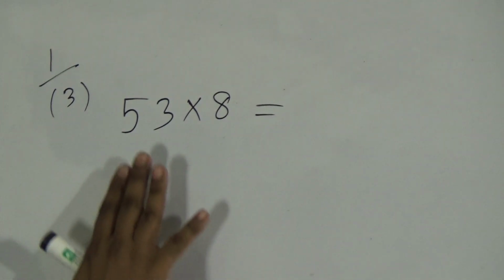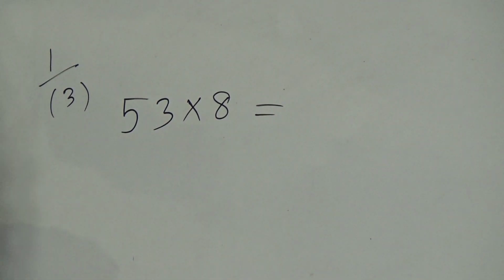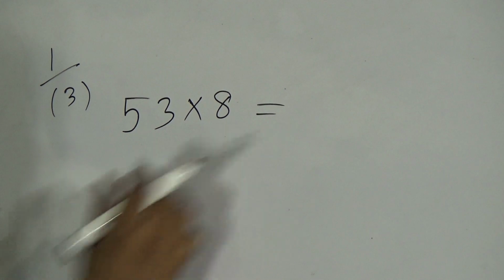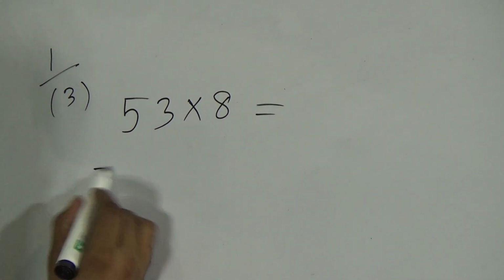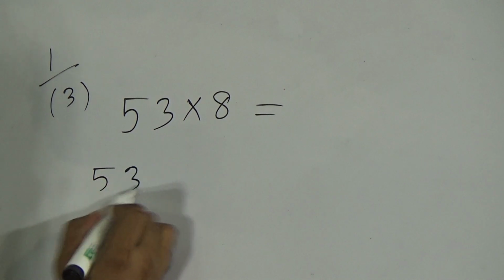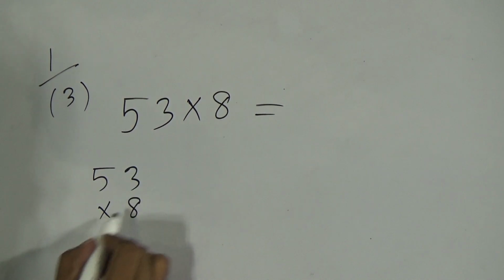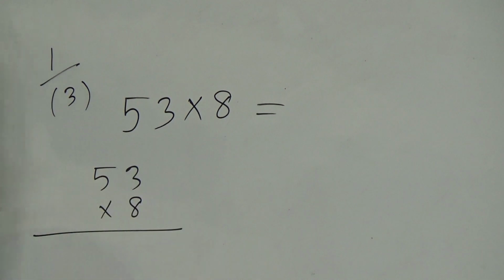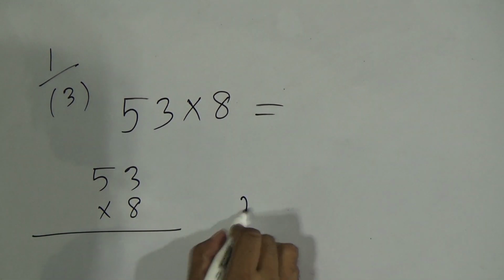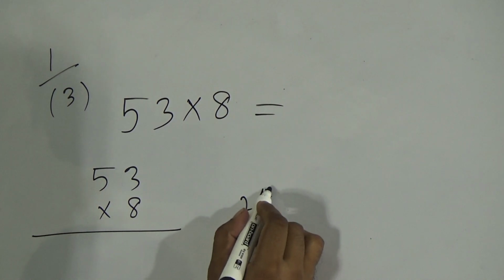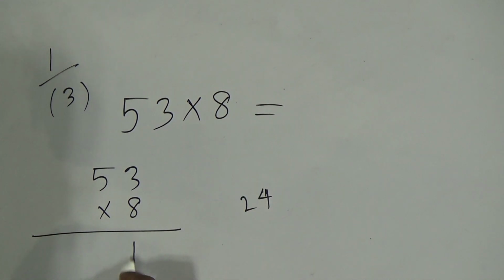Here we have to multiply 53 by 8. Dear students, for solving this problem, we will use a rough space and 53 multiplication 8. Now here 8 is the what? 8 3s are 24. From 24, here 1's place digit is 4, so we will write here 4 and carry 2.